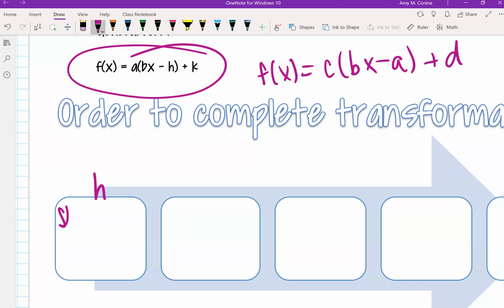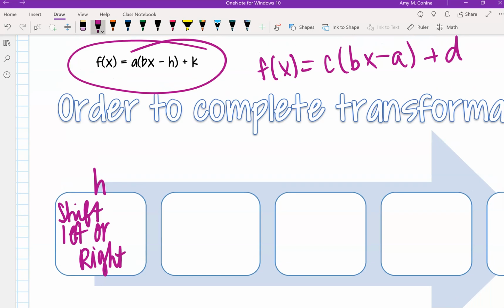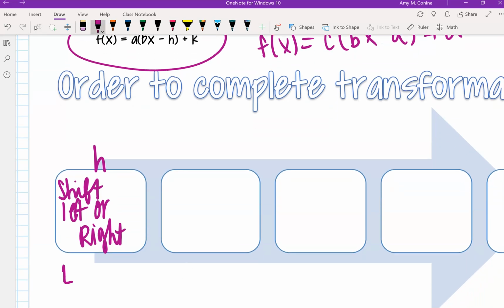This is a shift left or right, all right? So if you're shifting left or right, you can see that it's a minus in the form. So you know to shift left when you have a plus going on inside. You shift right when it's still minus.